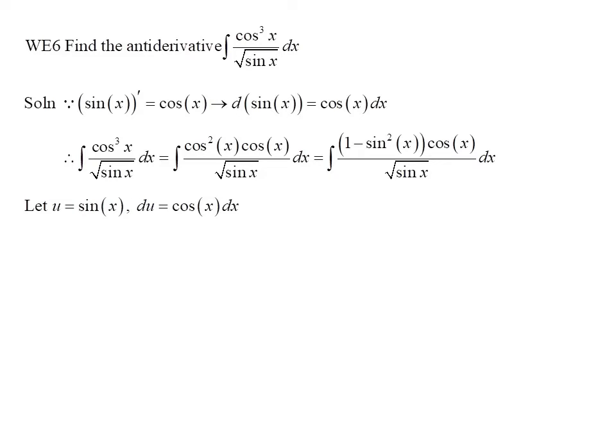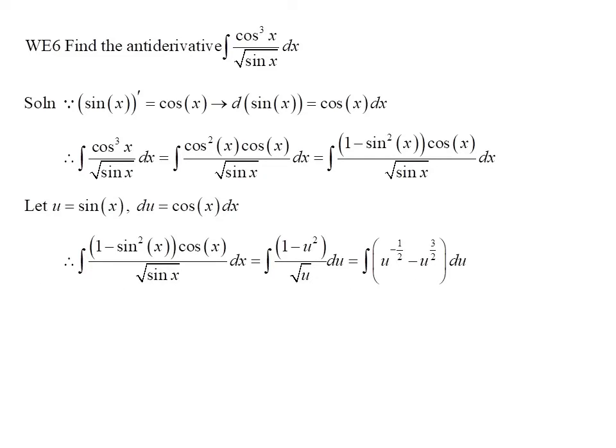At this point, we let u equal sine x, hence du equals cos x dx. So the antiderivative can be written as the integral of 1 minus u squared, in parentheses, over the square root of u du, which can be expressed as the integral of u to the negative 1 over 2 minus u to the 3 over 2, in parentheses, du, which equals 2 times u to the 1 over 2 minus 2 over 5 times u to the 5 over 2 plus c.